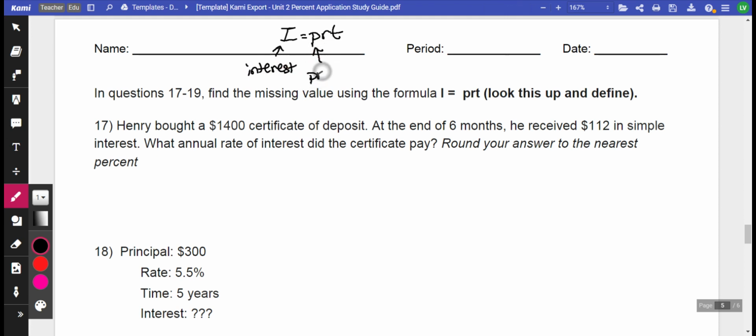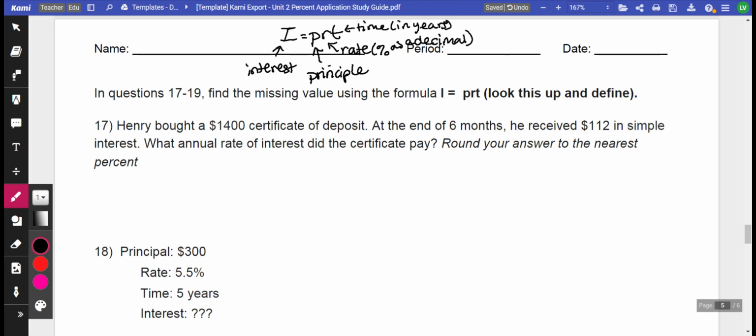P is my principal. R is my rate, which is a percent as a decimal. And T is time in years.